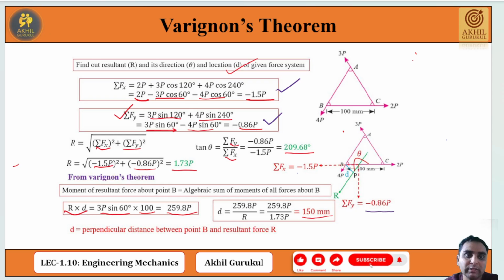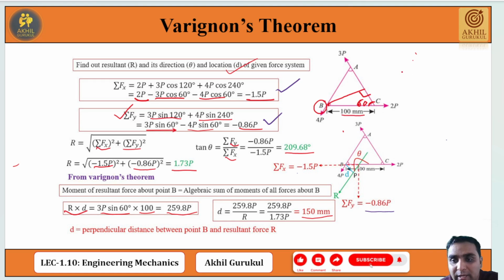We can also do one thing. If I want to take the moment of 3p about B, we have to draw a perpendicular to B. So this angle is theta, that means this angle is 60 degrees. The side of the equilateral triangle is 100.